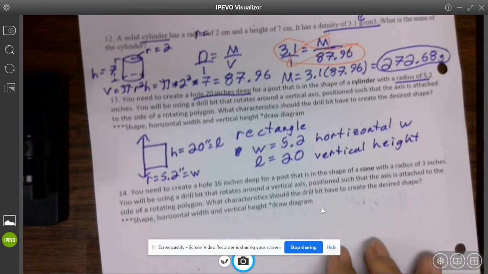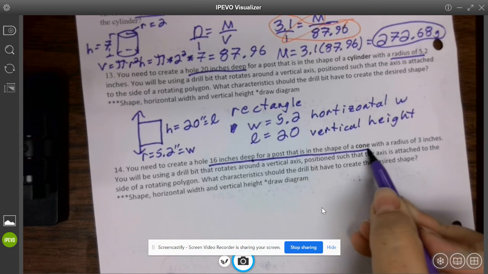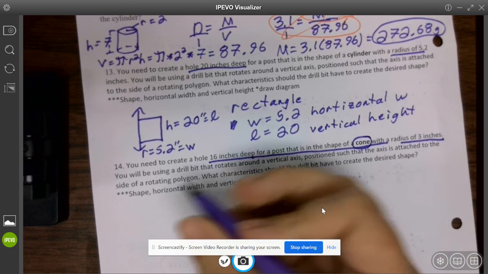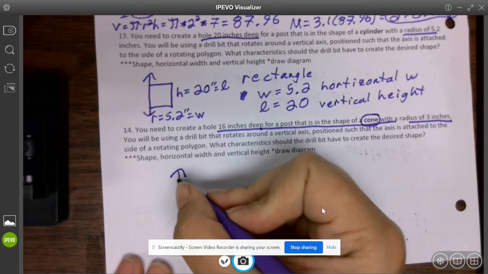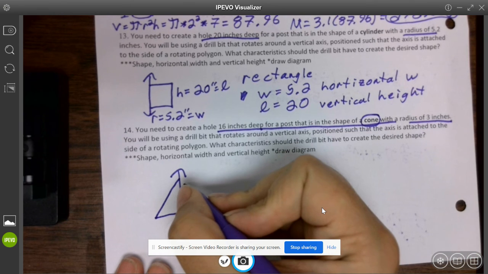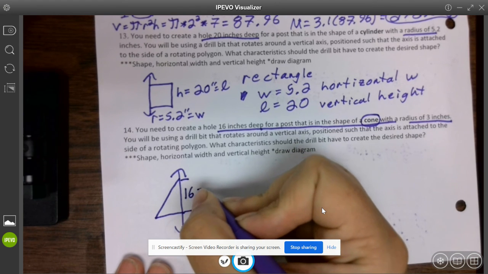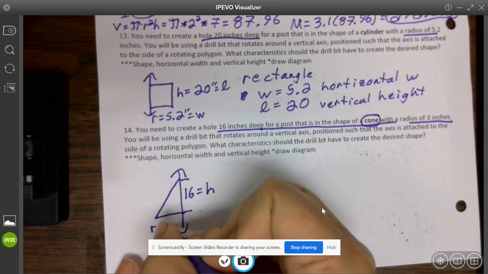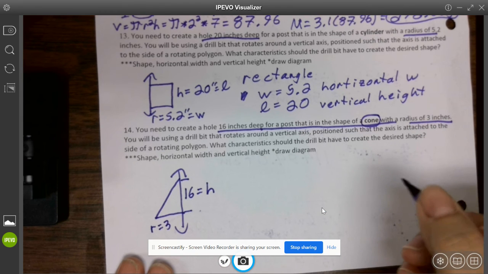Okay. This one says you need to create a hole that's 16 inches deep for a post that's the shape of a cone with a radius of 3 inches. Okay, everybody, remember it's a drill bit. So if I'm doing the cone, 16 inches deep means that the height is going to be 16, radius of 3. This would be our radius. What's the shape?